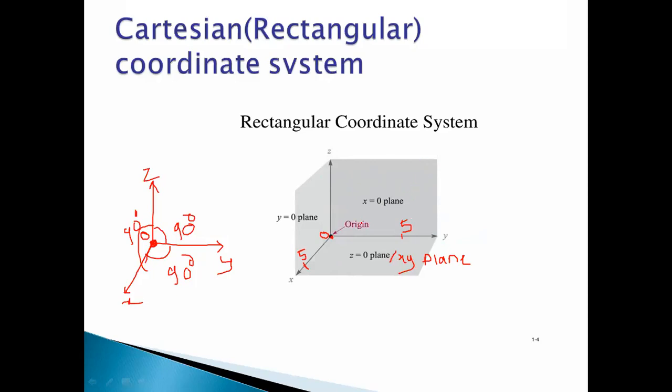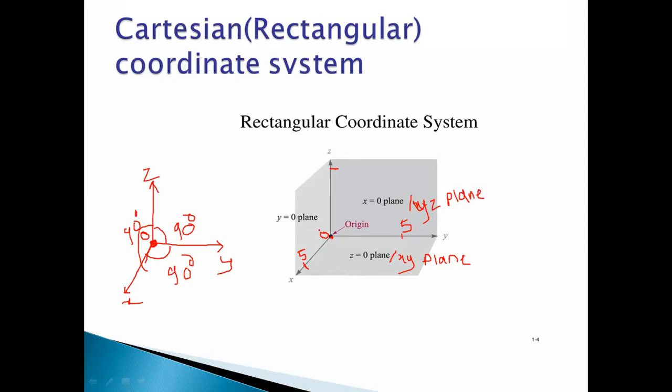At that time, your Y point will be present and Z point will also be present there, but the X coordinate there will be equal to 0. So it is called the X equal to 0 plane, or it is also called the YZ plane.